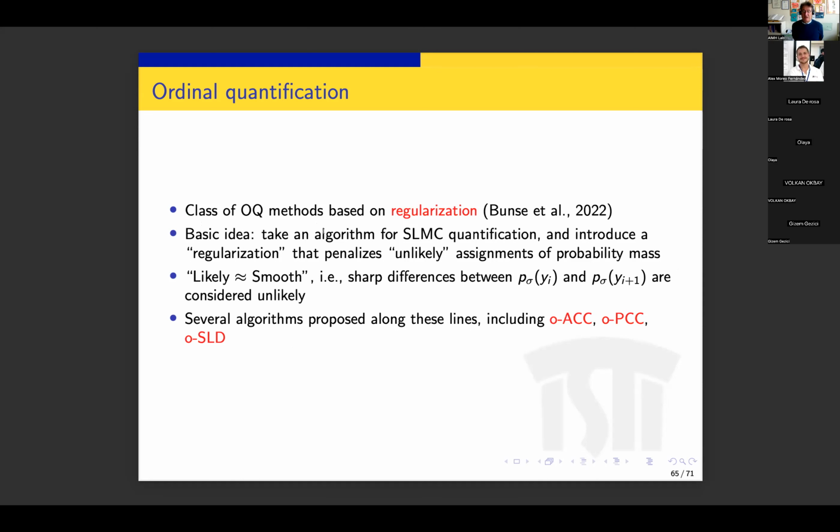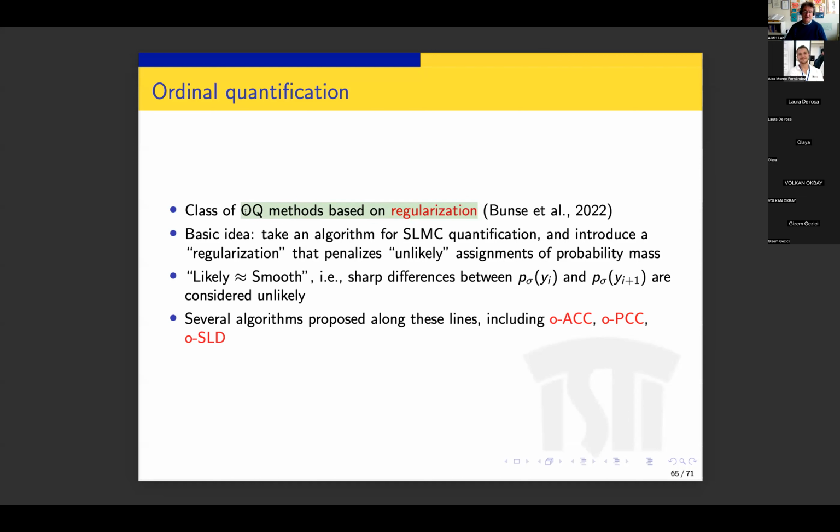So I will look at the work proposed by Mirko Bunse and ourselves too, on ordinal quantification methods which are based on regularization. You probably know regularization from other disciplines in data science.